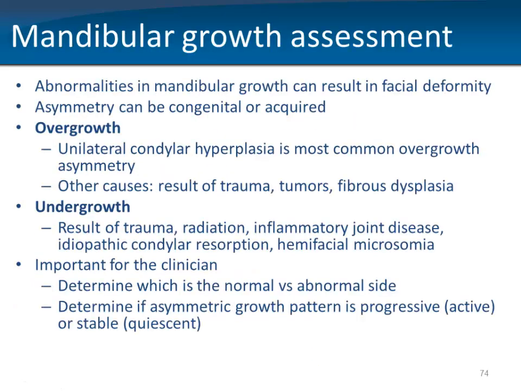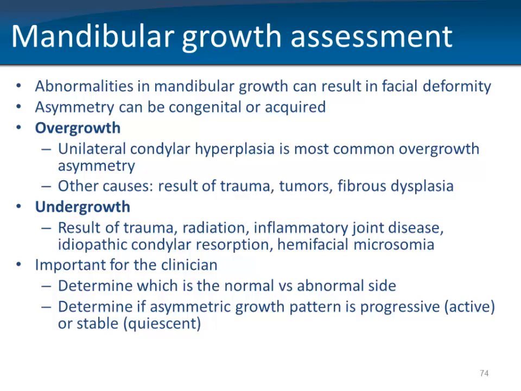So, to conclude my talk, the mandibular growth assessment. Abnormalities in mandibular growth obviously can cause facial deformity, and this asymmetry can be congenital or acquired. You either have overgrowth or undergrowth, and that is where bone scan comes in. Unilateral condylar hyperplasia is the most common overgrowth asymmetry, and it can also be caused by trauma, tumors, or fibrous dysplasia.